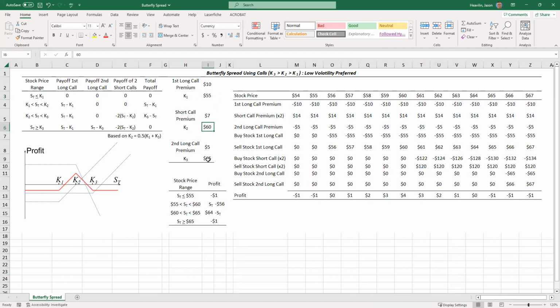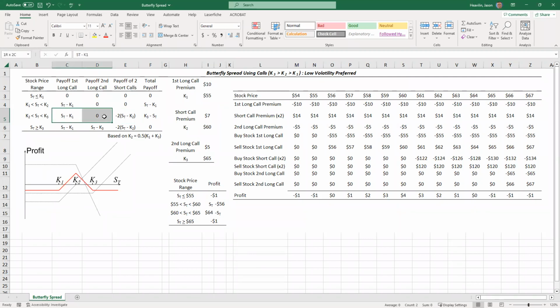So these are getting exercised, but this one is not. So what we have now is a payoff on the first long position, so we have that stock price minus K1. There is no payoff here because the stock price is below the strike price. But here there's a payoff, and it's negative because you're in a short position. You sold these and somebody exercised. The 2 in front of the parentheses is because, as I mentioned, we're doing 2 of these in the strategy.